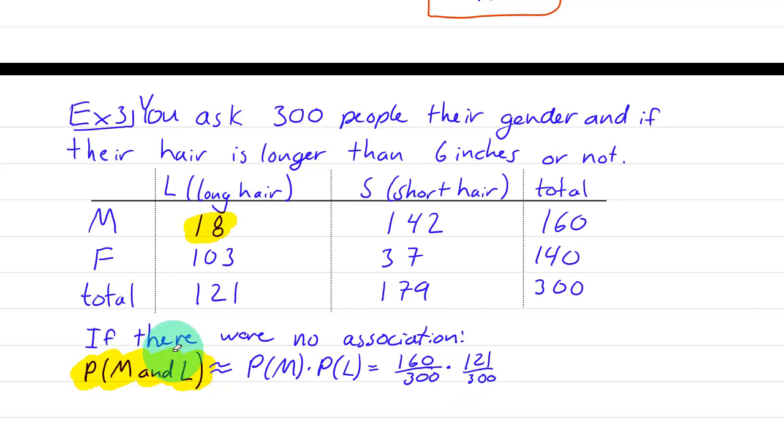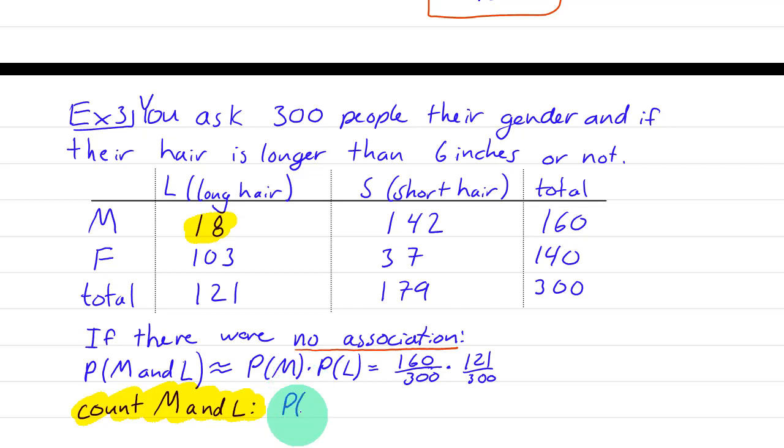Maybe I shouldn't have highlighted this, because this is the probability, which isn't the same thing as the count. So the count of long-haired men would be the probability of getting a long-haired man multiplied by the total number of everybody. So it would be whatever this result comes out to be times 300.